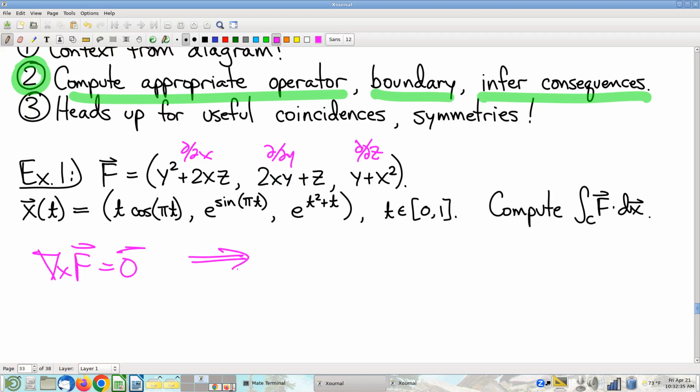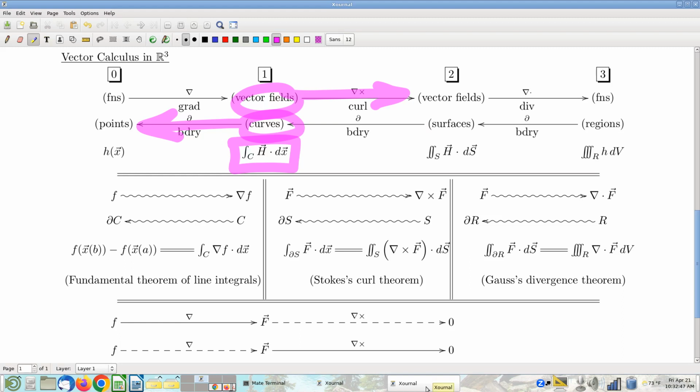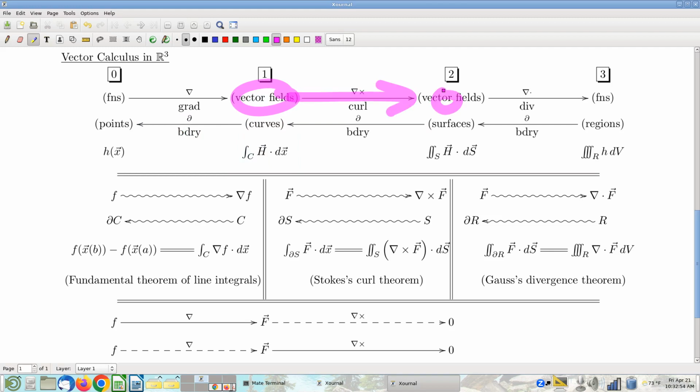That means that there is an antigradient. Again, the diagram tells me so. I had a vector field, I computed the curl, I got 0. That tells me that there is an antigradient, a function whose gradient is that vector field.